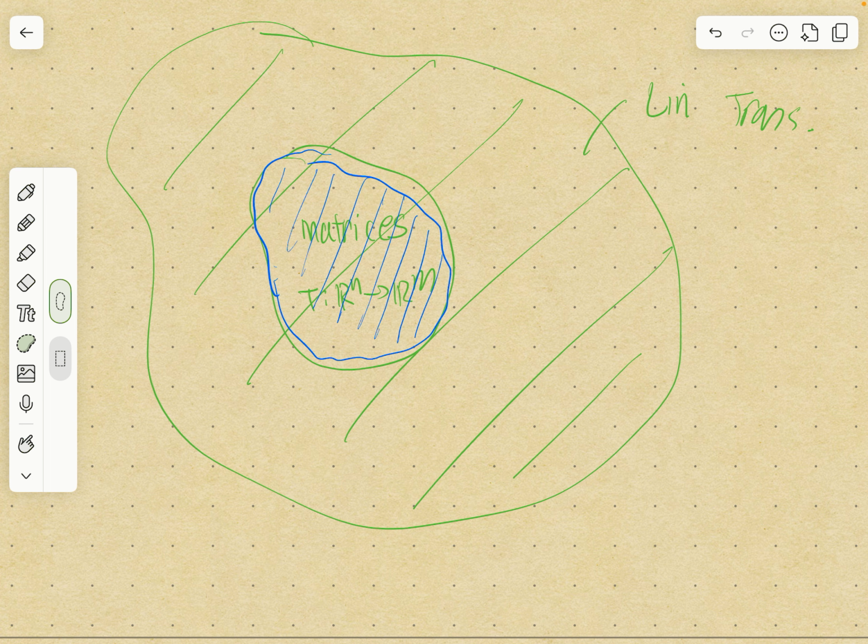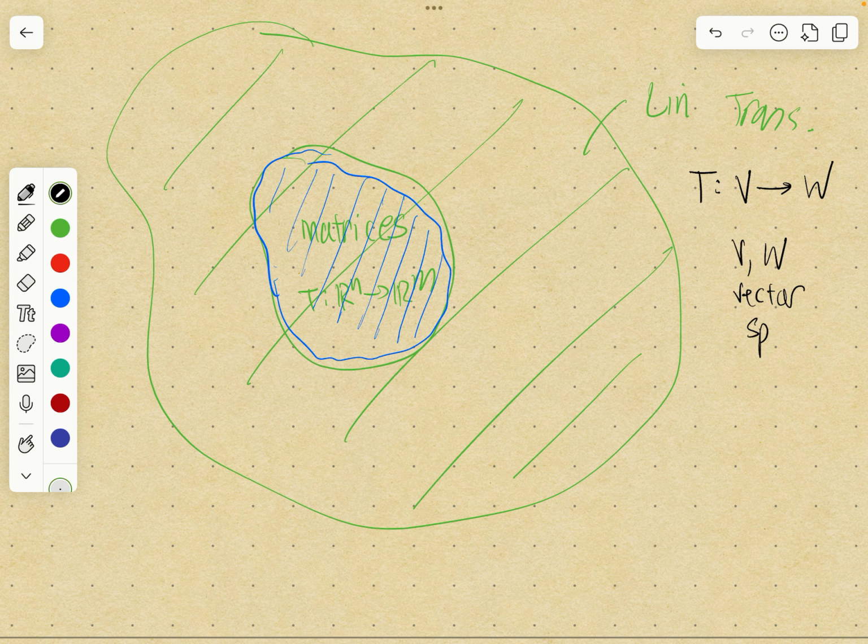To understand these general linear transformations, they're functions, mappings from one vector space to another. So V and W are called vector spaces. In this series of lectures, we won't talk about vector spaces, since this is the first course in linear algebra, but you should know that there are things called vector spaces. Rn and Rm are examples of vector spaces.